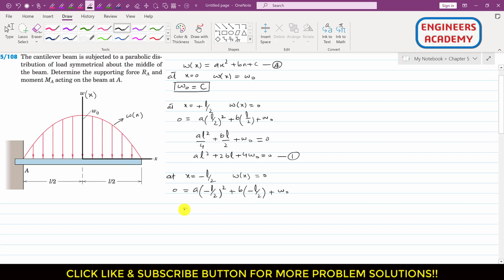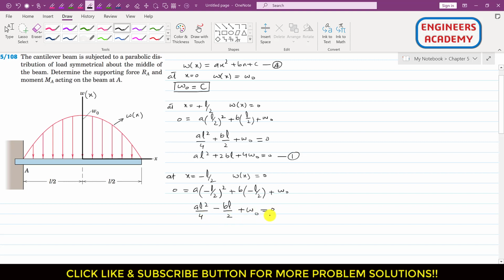So this is a L square divided by 4 minus b L divided by 2 plus omega naught. This whole equation is equal to 0.